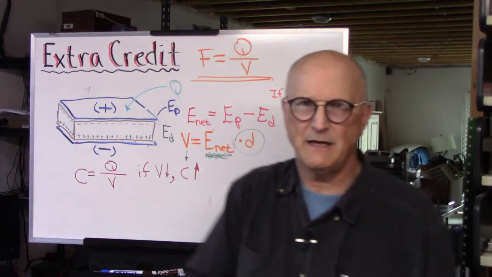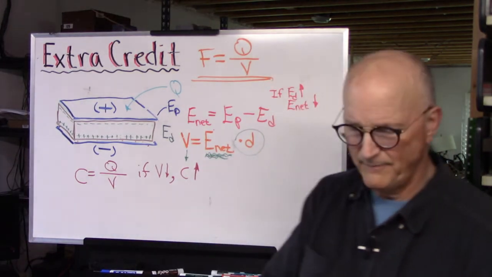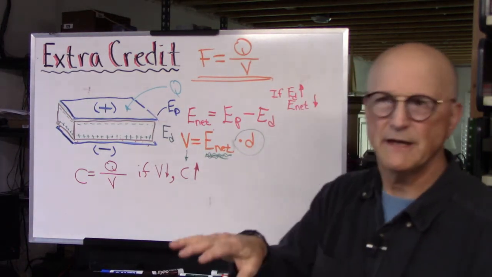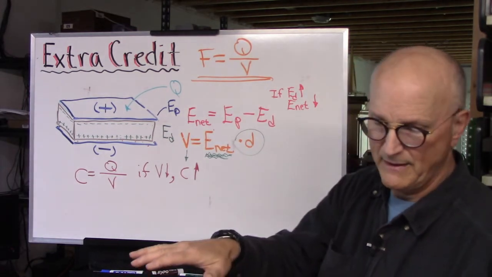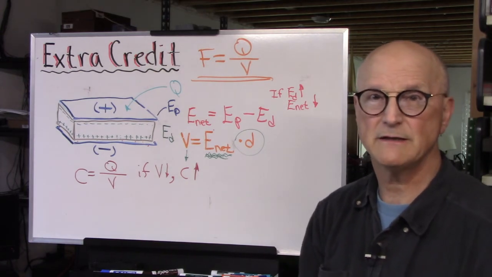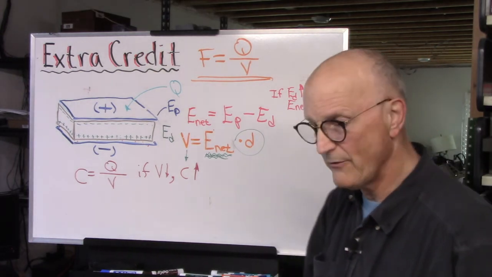It's like expanding the diameter of our tank with the same amount of fluid in it. While the volume of the fluid remains the same, the level of the fluid in the tank is going to go down.